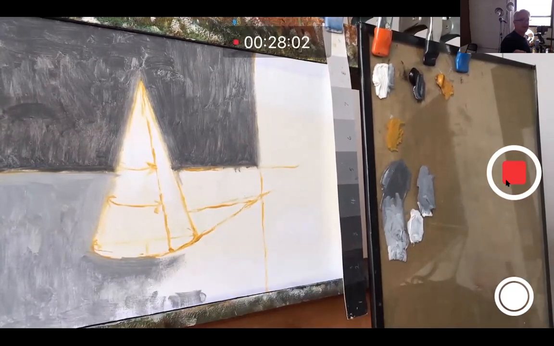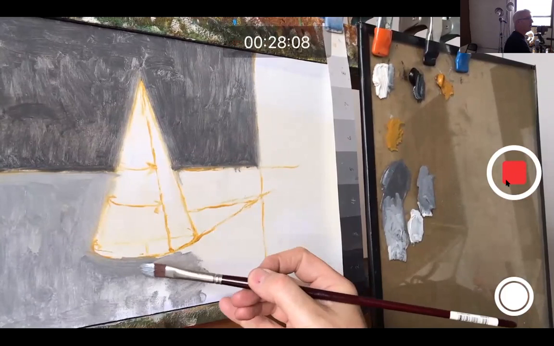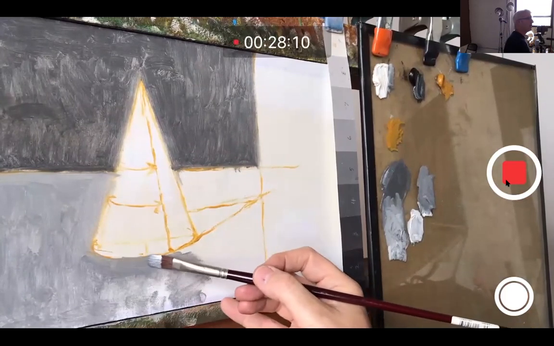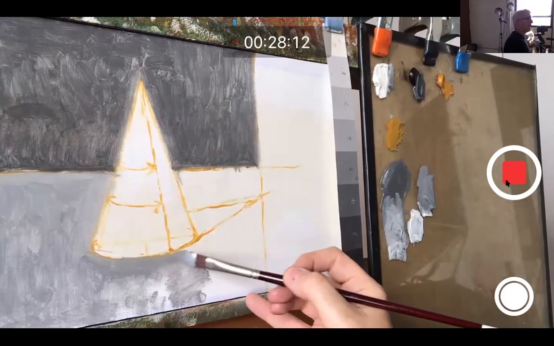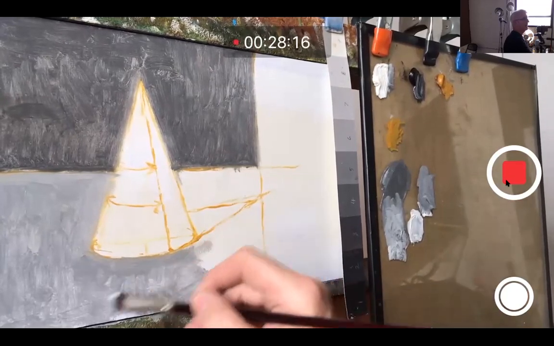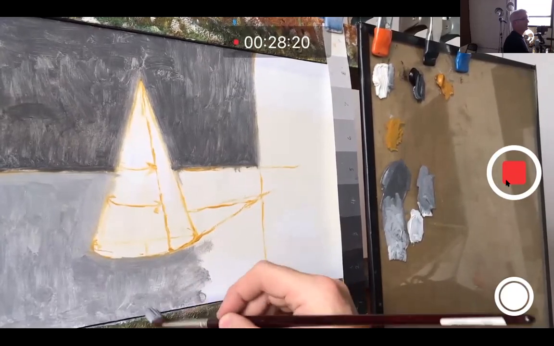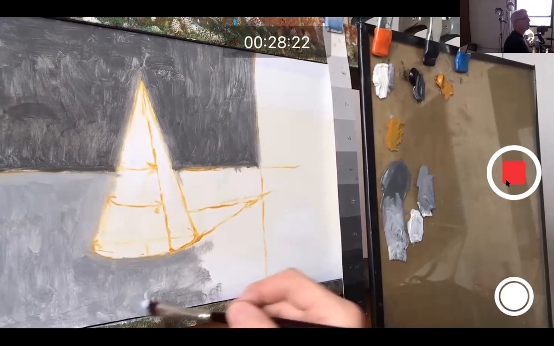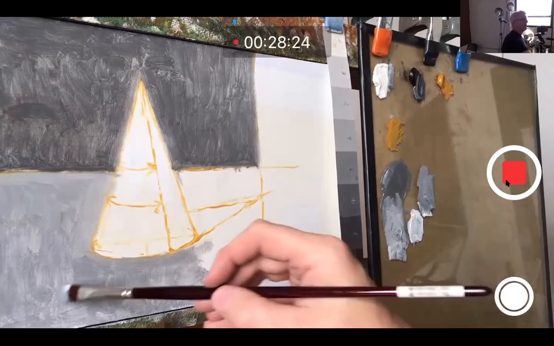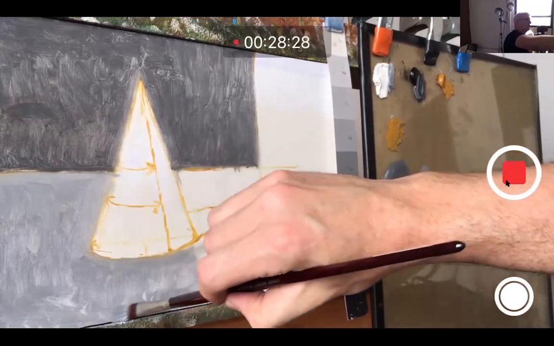So I'm identifying the entirety of the surface that the cone is sitting on as one value mass. I'm not making any variations within that value mass yet. I certainly will, but I'm not doing that yet. So there's no reason not to block in broadly, if that makes sense.